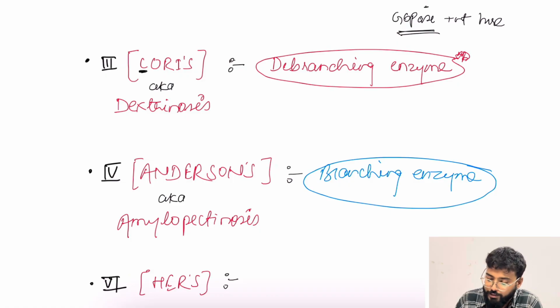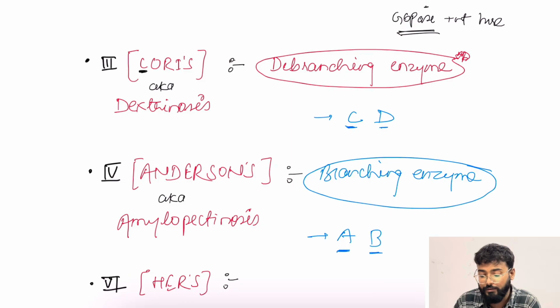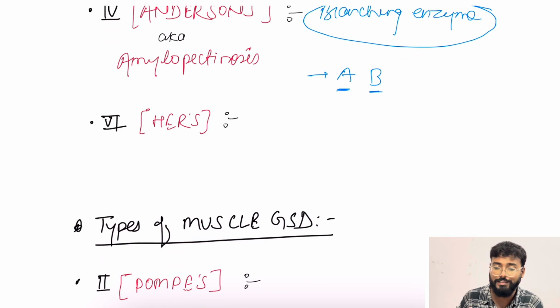So there is one mnemonic, that is your C, D and A, B. Andersen's enzyme defective is branching enzyme, and Cori's enzyme defective is debranching enzyme, and the third letter is C. So the third GST is Cori's disease, and you can remember CD and AB, which is third and fourth.